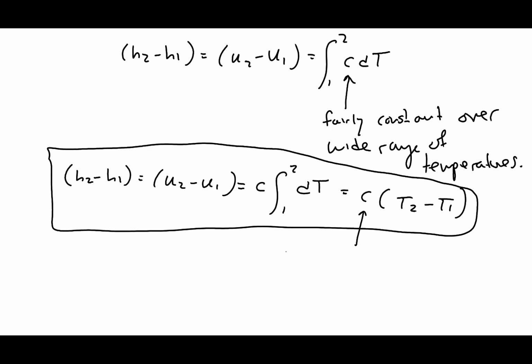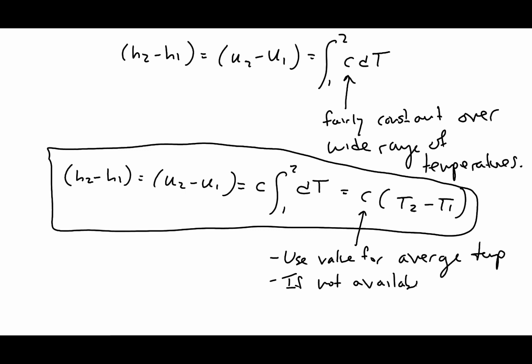So use the value for the average temperature unless that's not available. If not available, we're going to just use the value at room temperature.